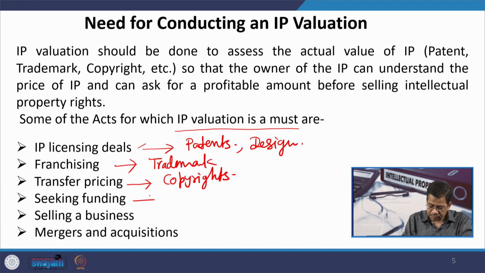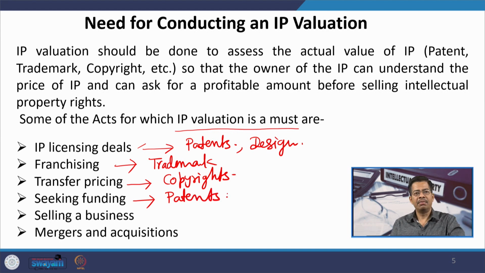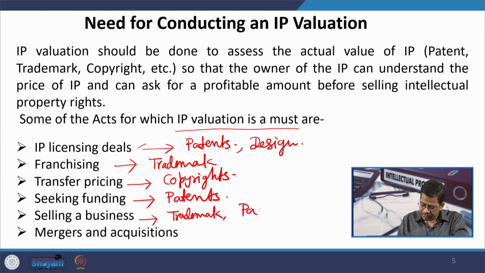When you are seeking funding, in that case patent value is very important, because generally investors give you funding on the basis of your patent portfolio. When you are selling a business, trademark and patent both play an important role, so you should know the value of your trademark, what respect people are giving to your name.